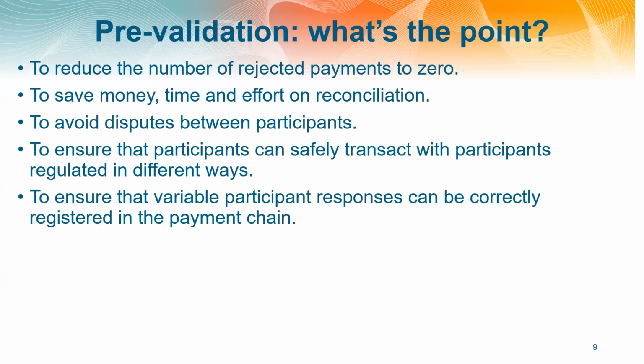And finally, we need to be able to ensure that variable participant responses can be correctly registered in the payment chain. And by variable participant responses, I mean the fact that a number of kinds of institutions that we deal with have what we call tiered KYC. So you can join these systems, mobile money systems are an obvious example. You can join a mobile money system with very little KYC.